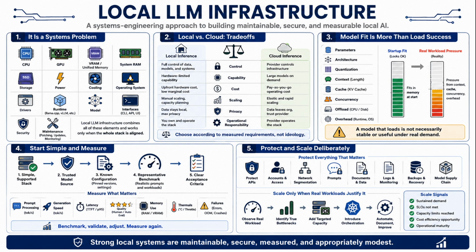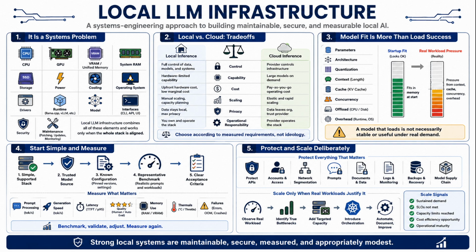Model fit depends on parameters, architecture, quantization, context, cache, concurrency, offload, and overhead. A model that loads is not necessarily stable or useful under real demand. Start with a simple supported stack, trusted model source, known configuration, representative benchmark, and clear acceptance criteria.